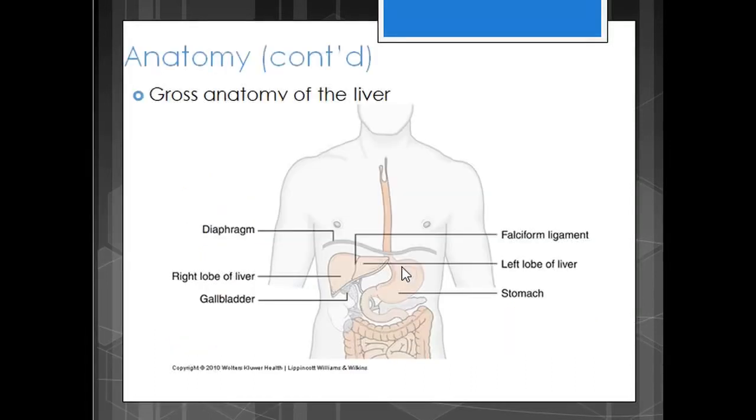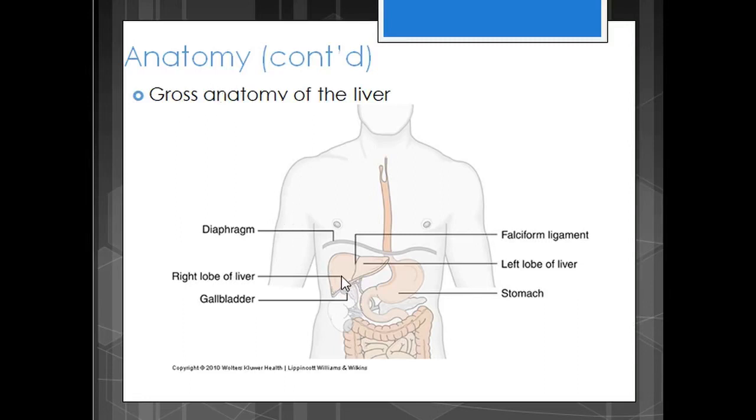So now we go to the gross anatomy of the liver. When we say gross anatomy, we are discussing the macroscopic anatomy, which is the anatomy or feature that is seen by the naked eye, as compared to microscopic anatomy, where you can see the feature or characteristic by using a microscope.